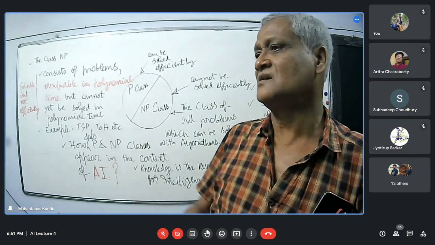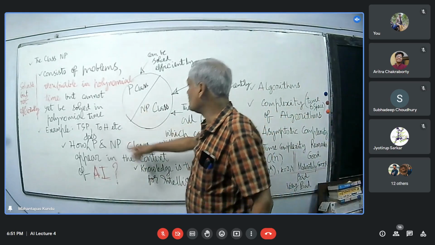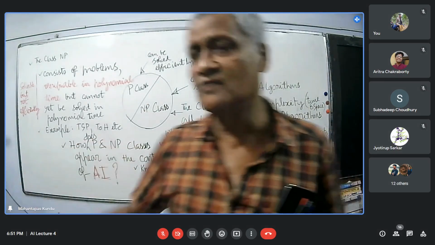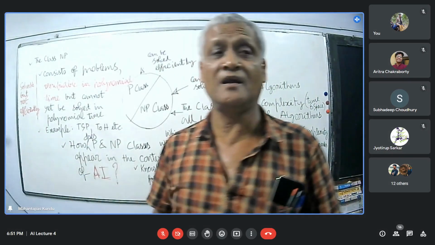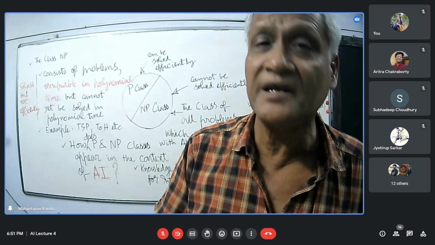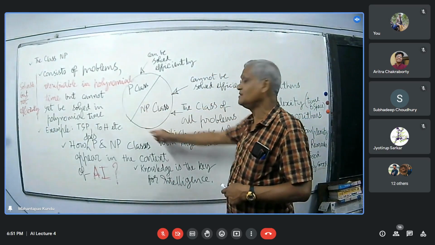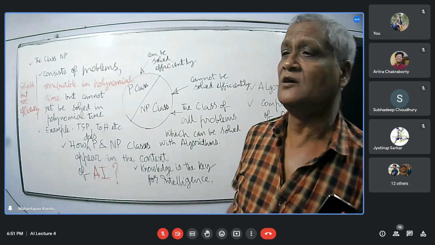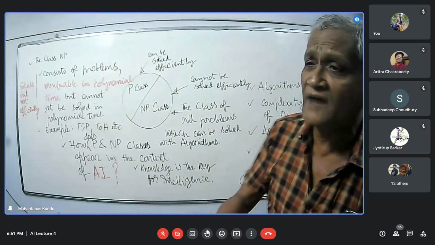That is why I am discussing all this in the context of AI. Because AI teaches us how to encode knowledge and how to store it in a computer and how to apply it for producing efficient and quality solution of a problem. So for such NP class of problems, we can apply knowledge so that we can have a quicker solution.